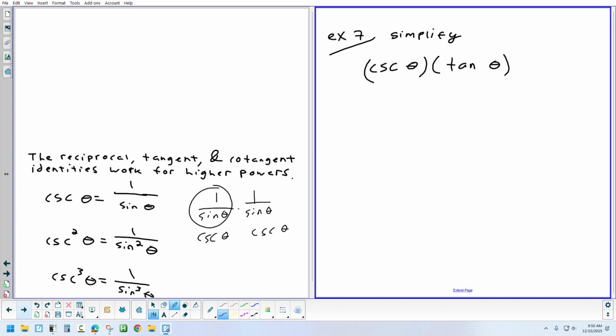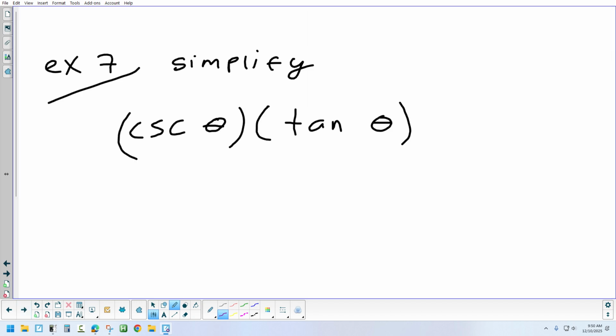Okay, so let's see if we can simplify this identity. I want to make it look simpler than it does right here. The trick that you generally want to try for now is to change everything to sines and cosines and then hope that something cancels out. So let's start with cosecant.